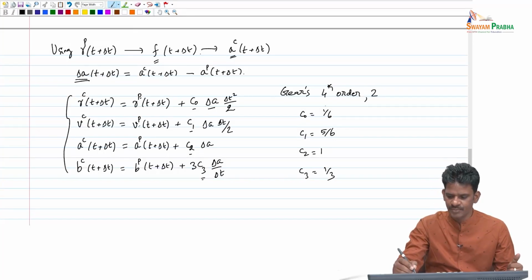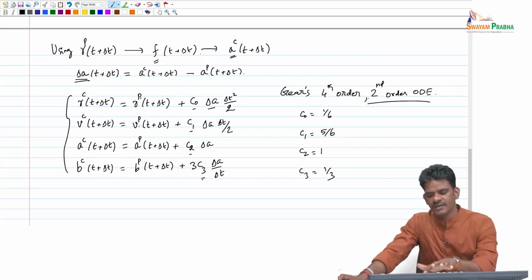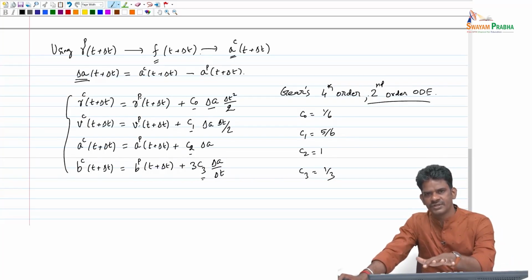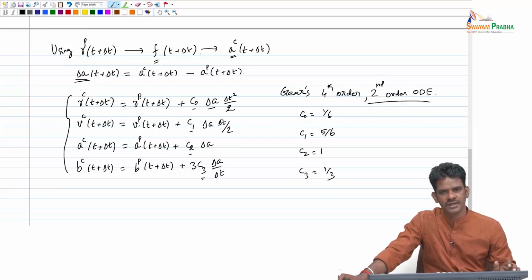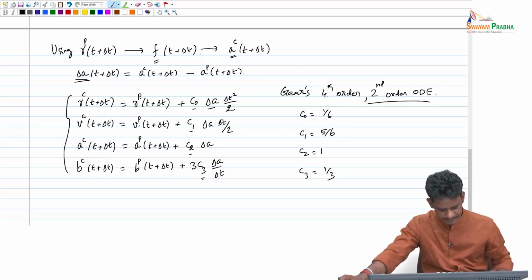In this particular example, the values of C1, C2, C3 are given for a second order ODE. If instead of a second order ODE I do a first order ODE, these values will also change, and the Gear's fourth order, fifth order, sixth order would also have a different set of coefficients. So, these coefficients are optimized keeping in mind the order of the ODE that we want to solve.